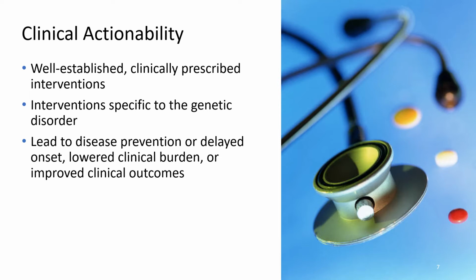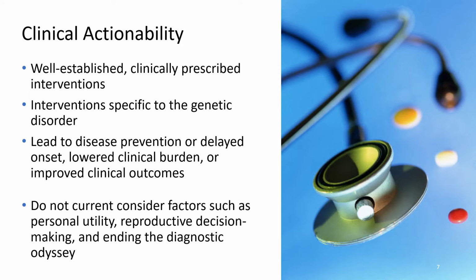And it should lead to disease prevention or delayed onset, lowered clinical burden, or improved clinical outcomes. And though we acknowledge that there are many factors associated with clinical actionability, we currently don't consider factors such as personal utility, reproductive decision-making, or ending the diagnostic odyssey.